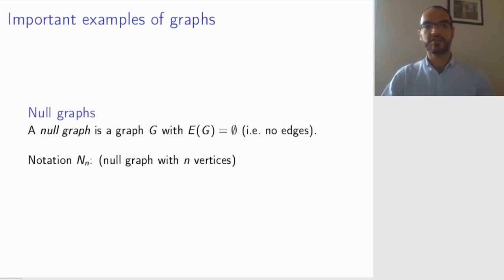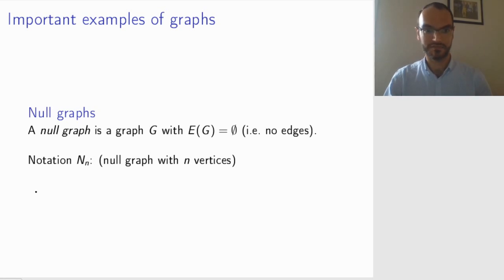So we start with the most trivial example, and that is null graphs. A null graph, from German null, meaning zero, is a graph where there are no edges. So this graph has only vertices and no edges, and therefore there is only one graph for each number of vertices. And the notation is N_n. That's the null graph with n vertices.